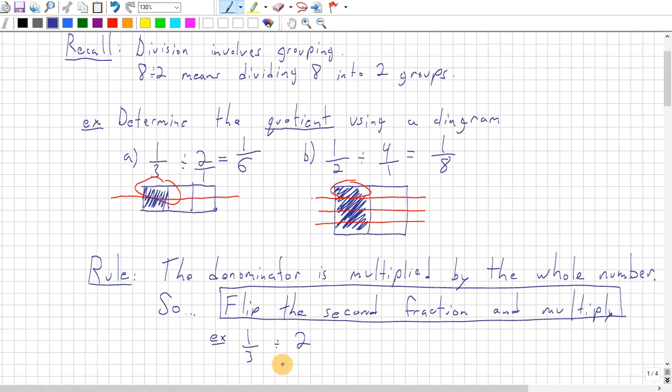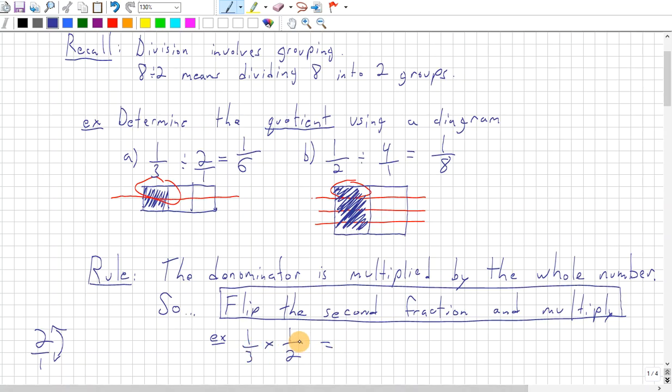So for example, 1/3 divided by 2. I'm going to flip the second fraction. First, actually, I'm going to change that into a fraction over 1. I'm going to take this division and delete it. I'm going to flip the second fraction. So right now it's 2 over 1. I'm going to flip that. It becomes 1 over 2, right? Then I change this to a multiplication question.